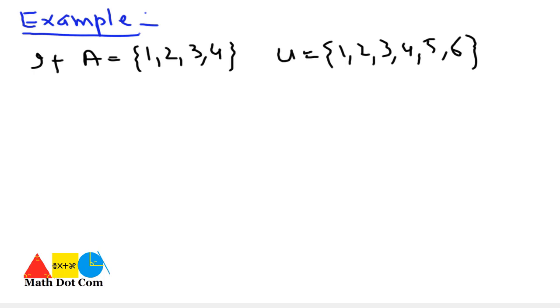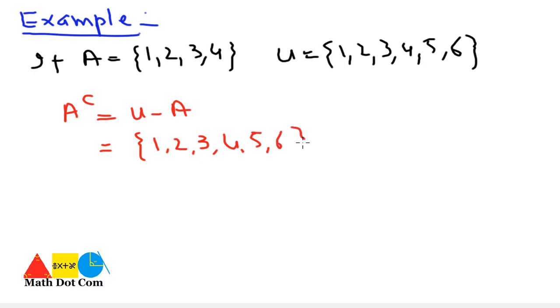How will you find its A complement? A complement is equal to U minus A. U is 1, 2, 3, 4, 5, 6. Keep this in mind: the set of which you find the complement is always a subset of its universal set.